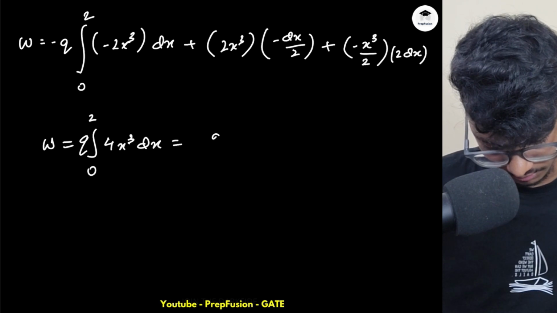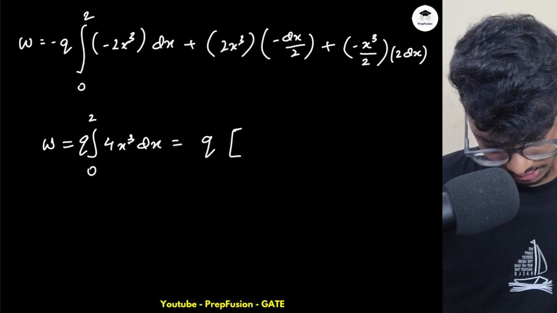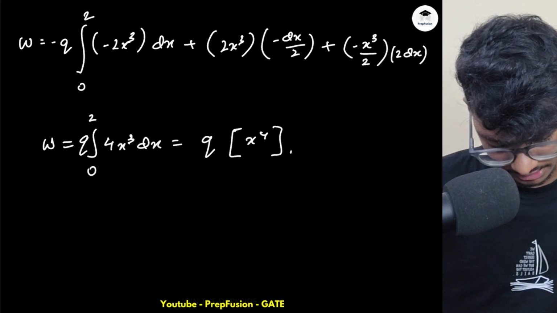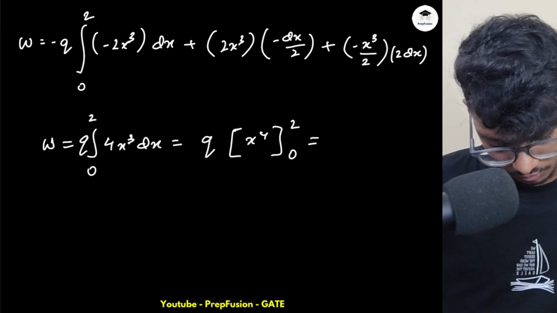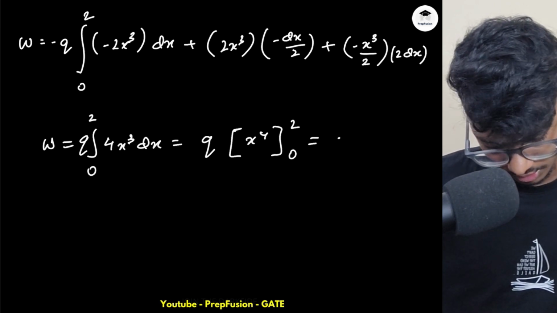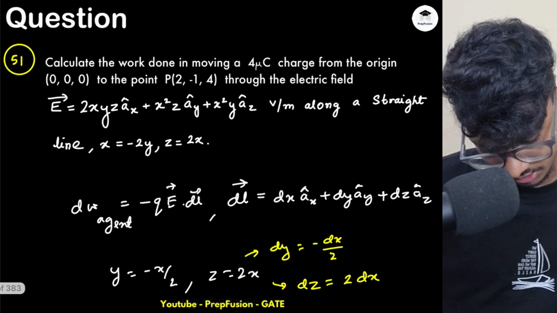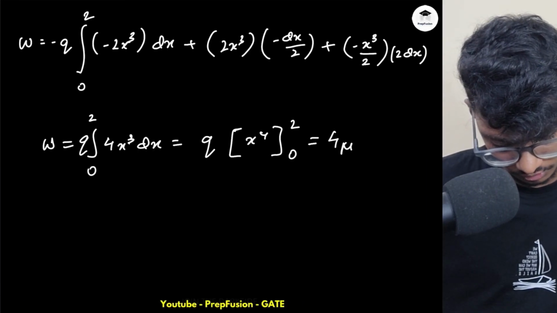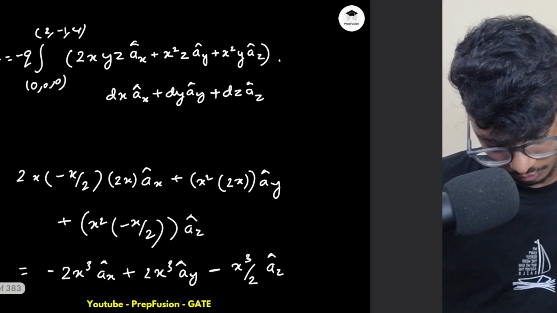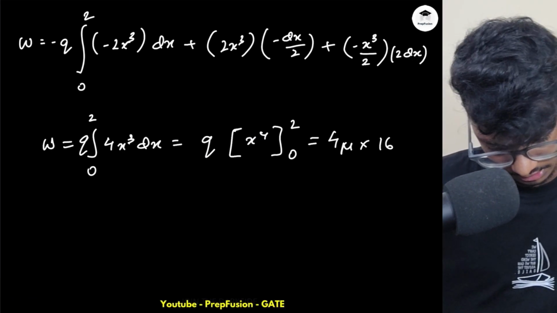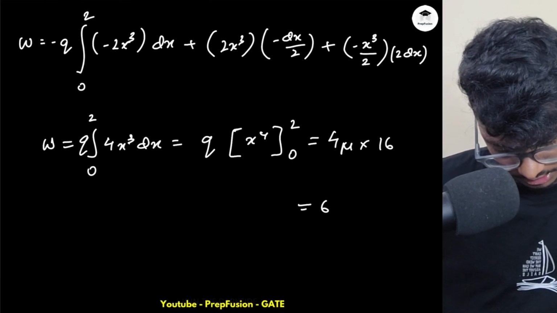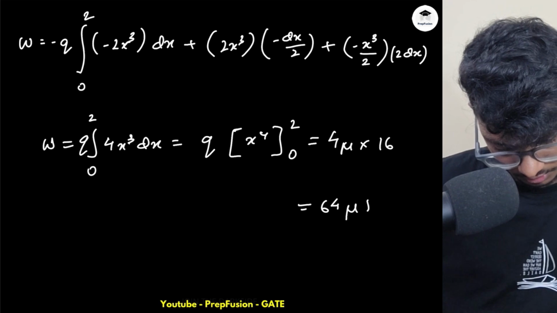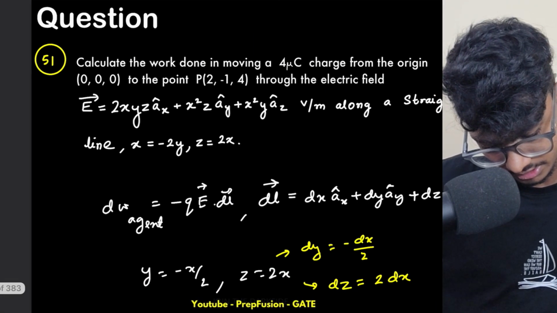So this will become q times integration, x raised to power 4 by 4 gets cancelled. Q was 4 microcoulomb, into x raised to power 4, 2 raised to power 4 is 16. So this will come out to be 64 microjoules.